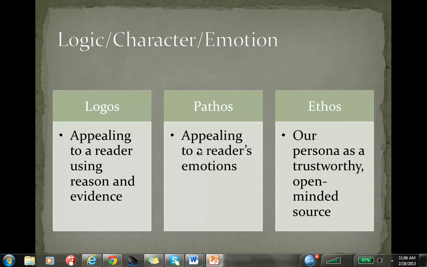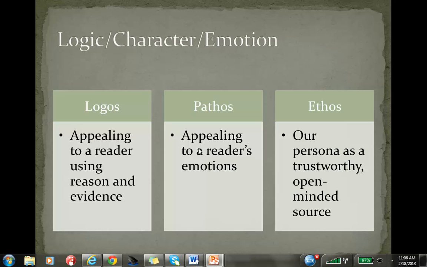As you supported your claim throughout your essay, you would use three different things. The first thing you would use in your introduction is you would build ethos. That's your persona. You would build yourself as a trustworthy, open-minded source who has authority to speak about this subject, okay?